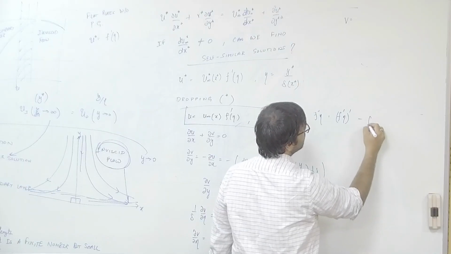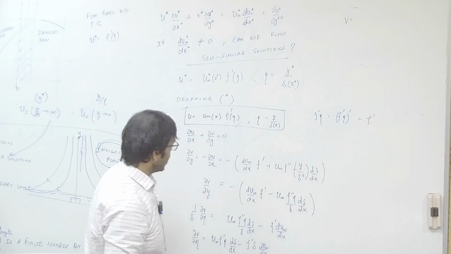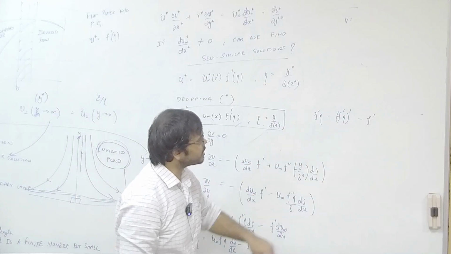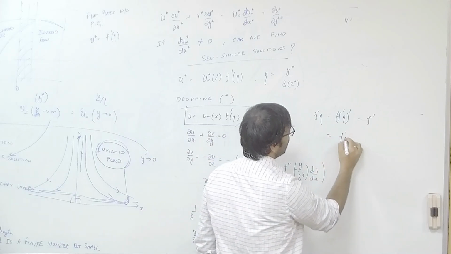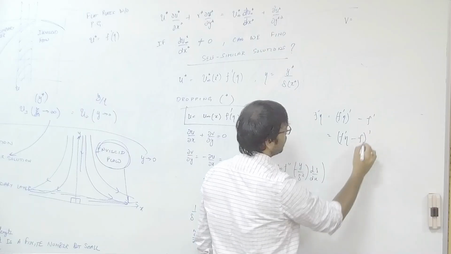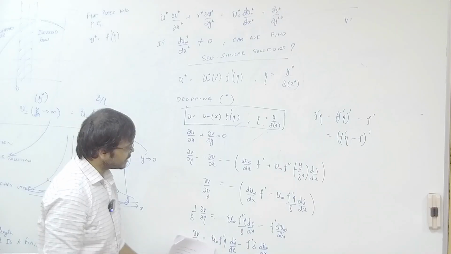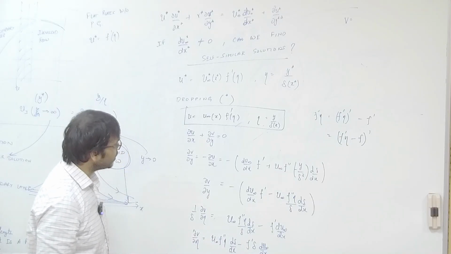So minus f prime. So this f double prime eta is nothing but f prime eta prime minus f prime. So I can basically complete the derivatives in eta in both the terms.